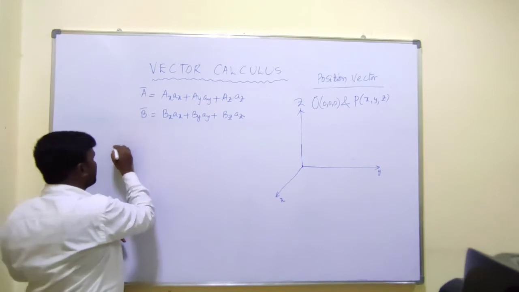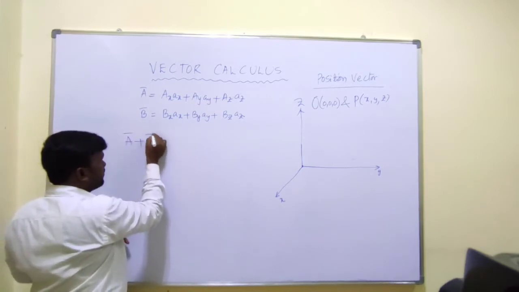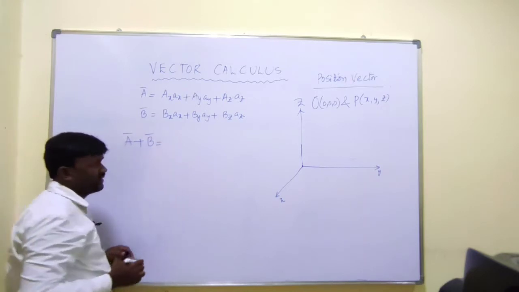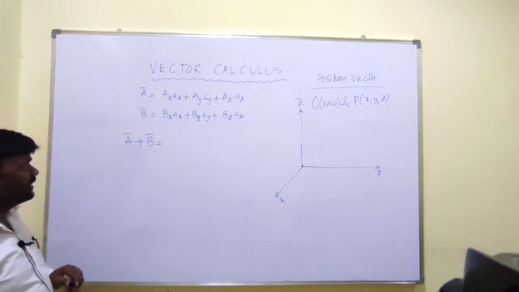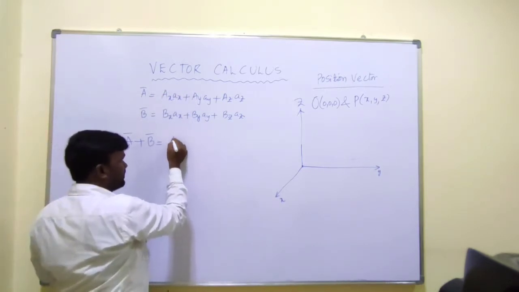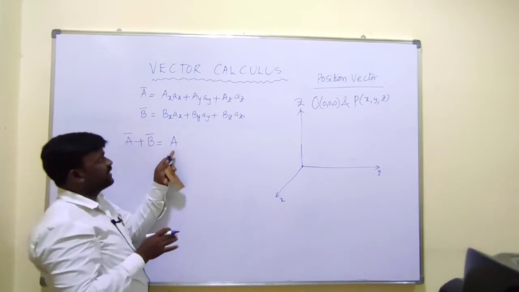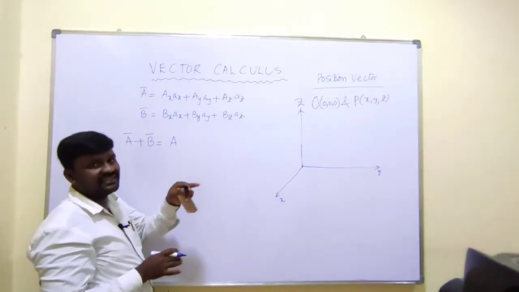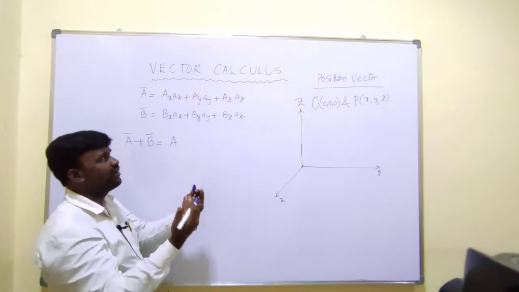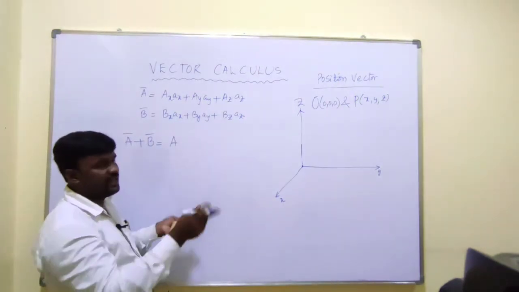Addition of these two vectors, that is A bar plus B bar, is equal to what? We need to add the similar components only. The resultant vector has some magnitude along the x direction, y direction, z direction. That's why we need to add similar components, that is x components, y components, z components multiplied by unit vectors.